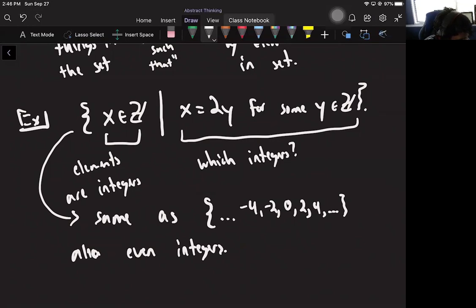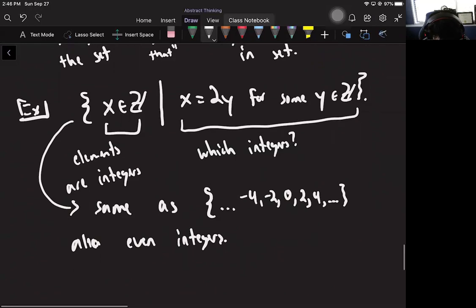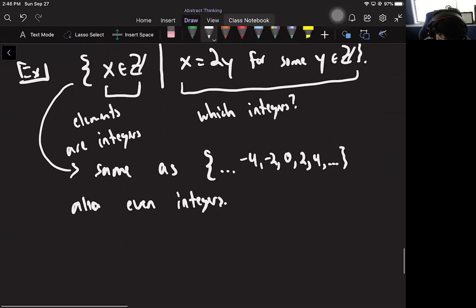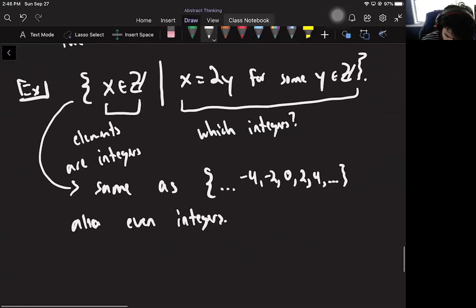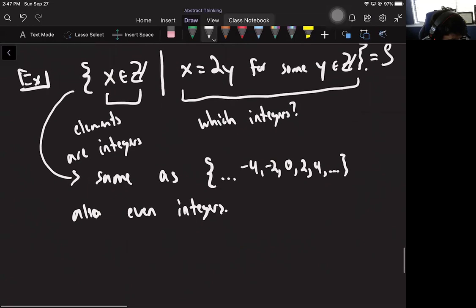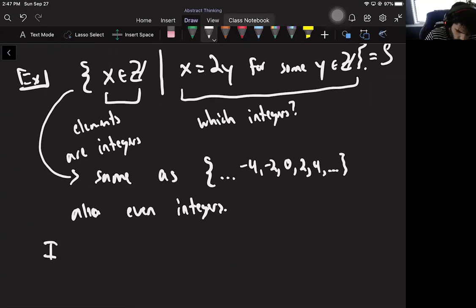Okay, so a very important skill that will come up a lot is to be able to say what it means for something to be in a set. So let's call this set S. It doesn't have a fancy name, even though it's just the even numbers. So you should be able to say, if I have something in the set, what can I say about it? It means that it obeys, first of all, this.